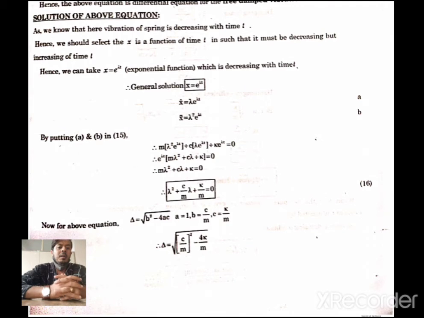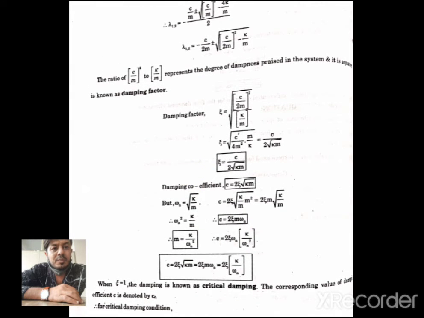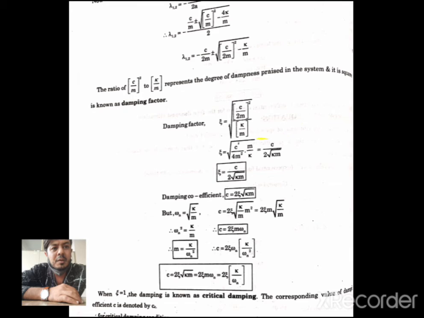Here we apply the mathematical rule, the root of b square minus 4ac, where a is equal to 1, b is equal to c by m, and c is equal to k by m. Applying that rule, we take the root and get the solution. The ratio of c by m to k by m represents the degree of damping present in the system.